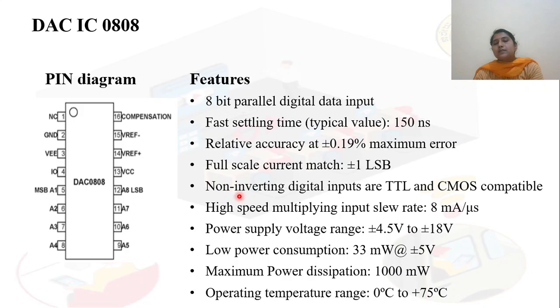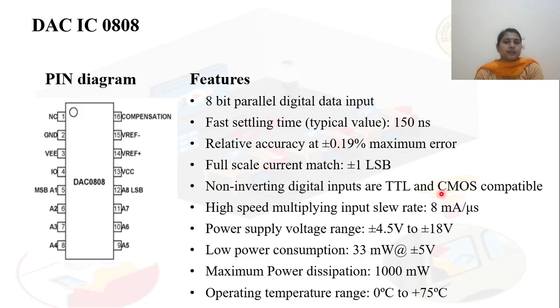What is the meaning of TTL and CMOS compatible? It means the digital input pins A1 through A8 are compatible with the TTL family of inputs and the CMOS family of inputs.